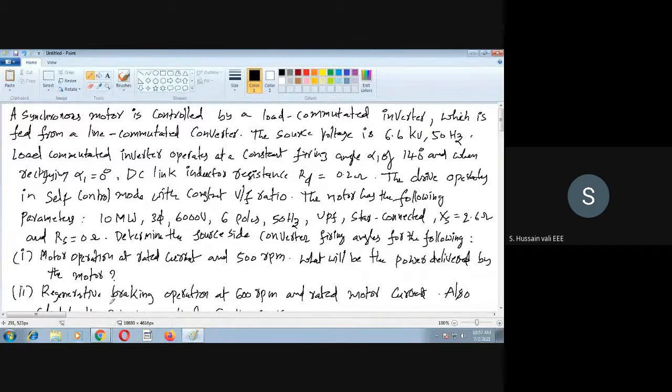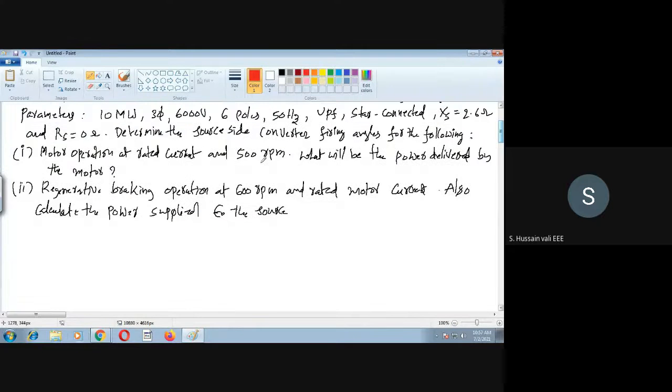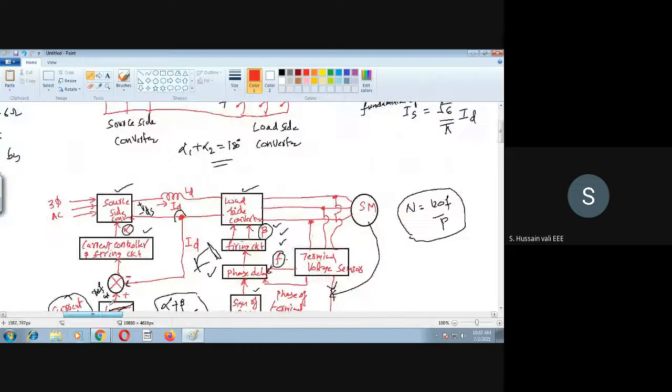A synchronous motor is controlled by a load commutator inverter, which is fed from a line commutator converter. What is meant by line commutator converter, and what is meant by load commutator inverter here? I have already drawn the circuit diagram, so better I will show the circuit diagram. See this now.